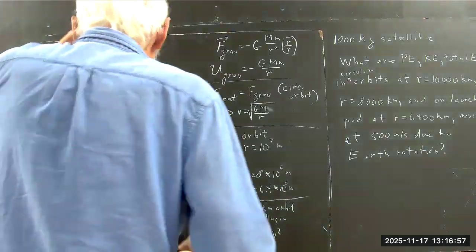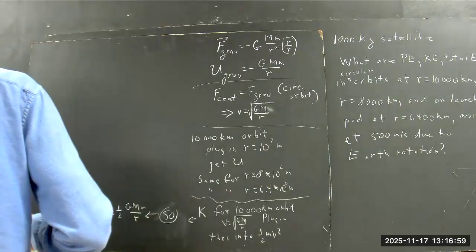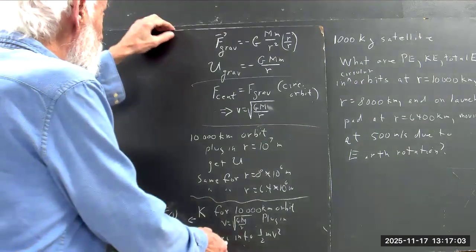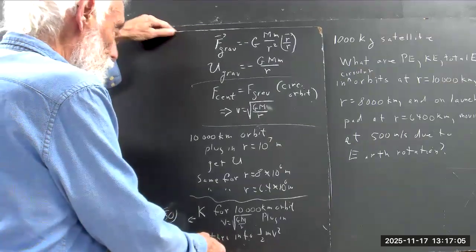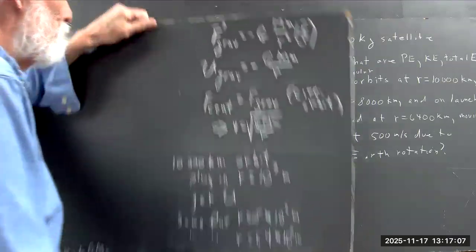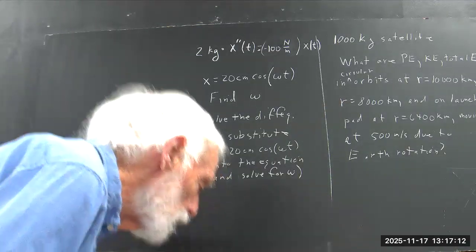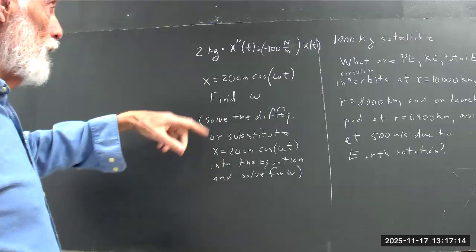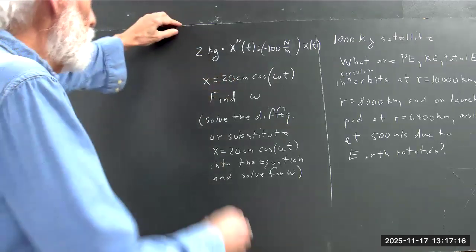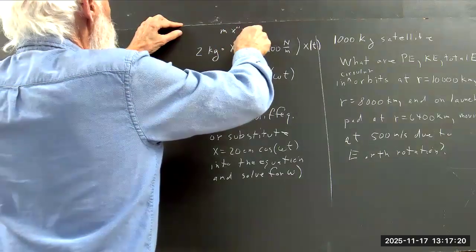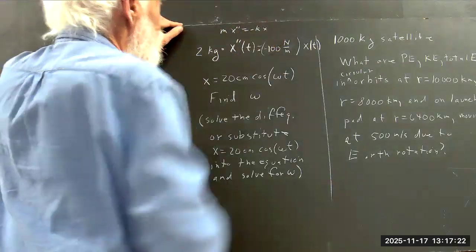I'll tell you a thing about differential equations, which is interesting, but I'm not going to go into the details. Okay, the other problem, you simply have this, which is simply mx double prime equals negative kx.